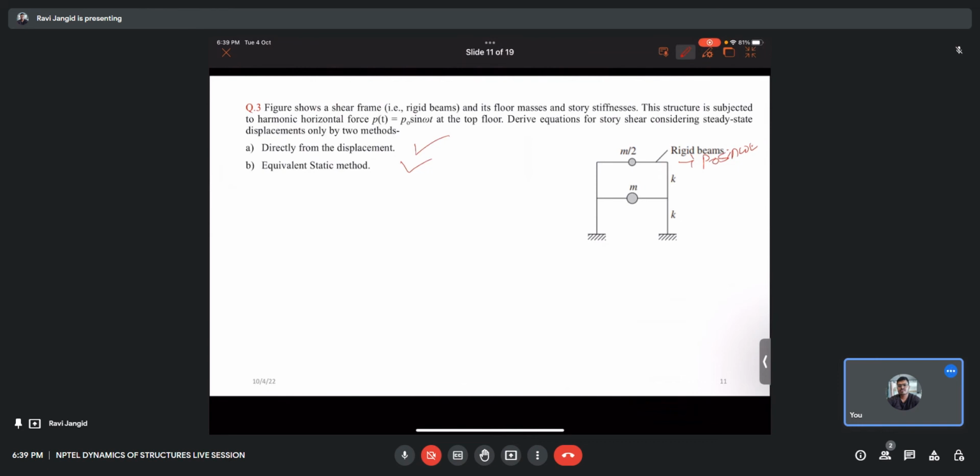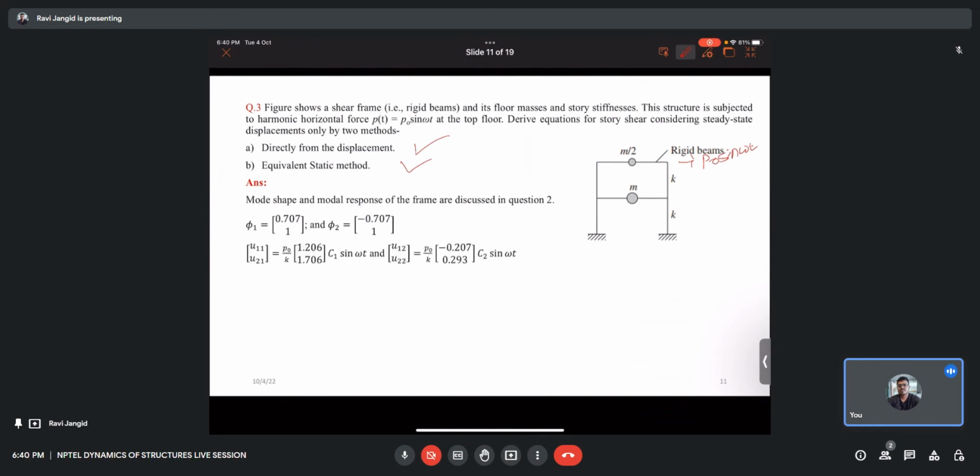First let us summarize the properties we need from the previous questions. We have calculated the two modes and the displacement in both modes, in the first mode and in the second mode.